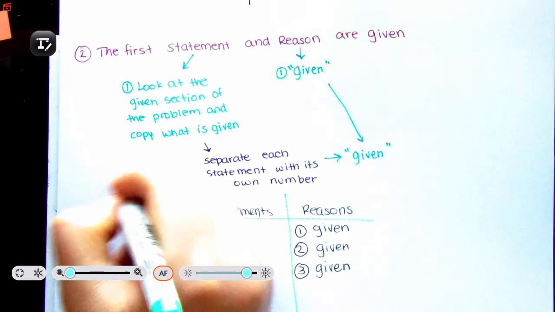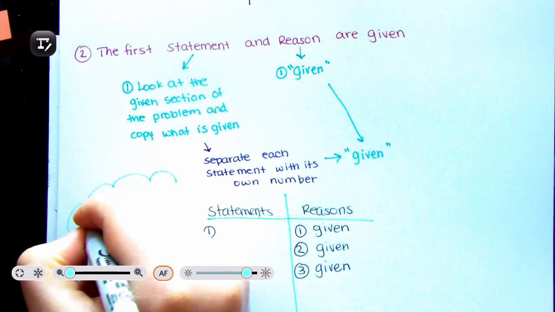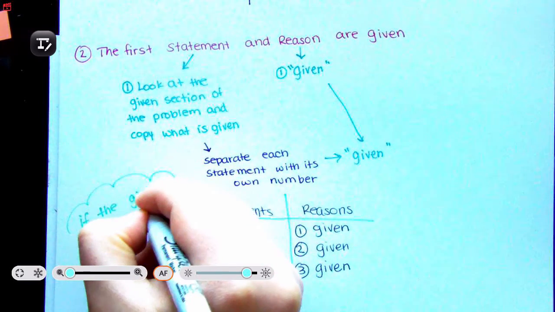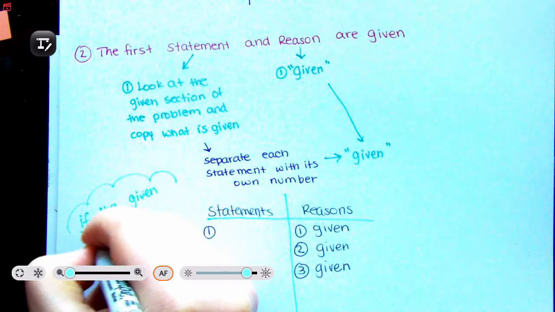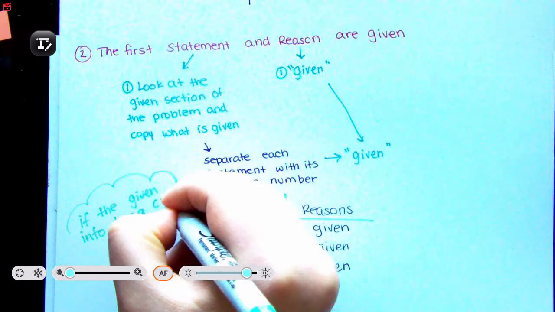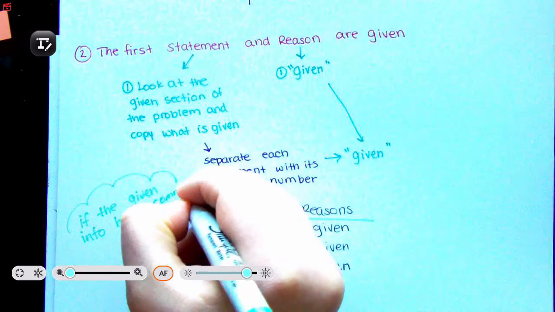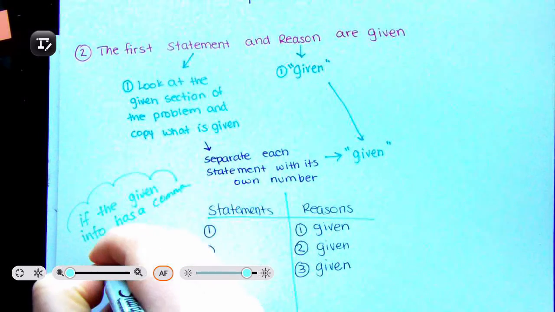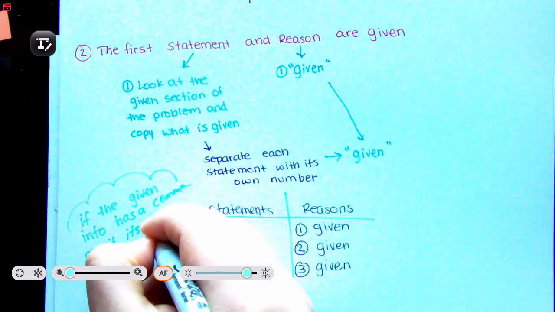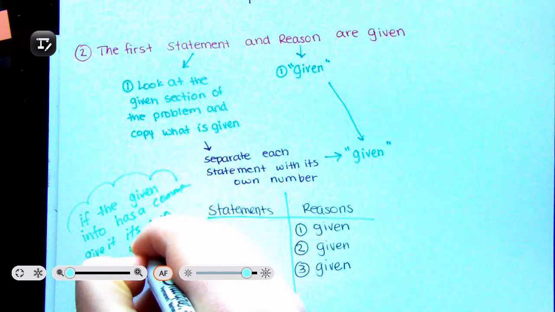So remember, if the given information has a comma, give it its own number.